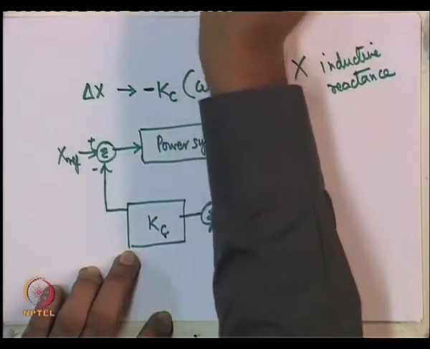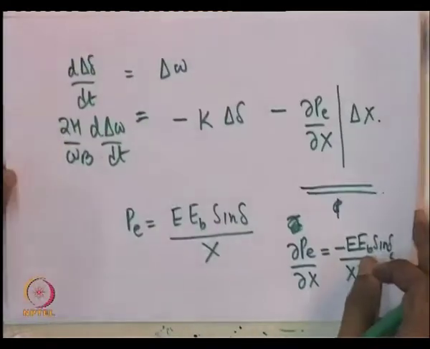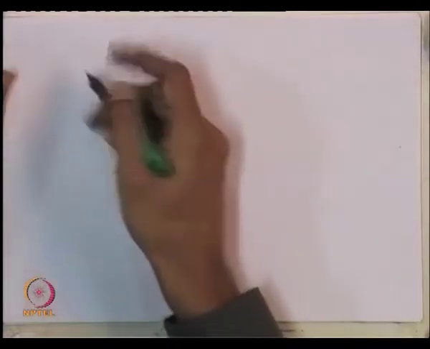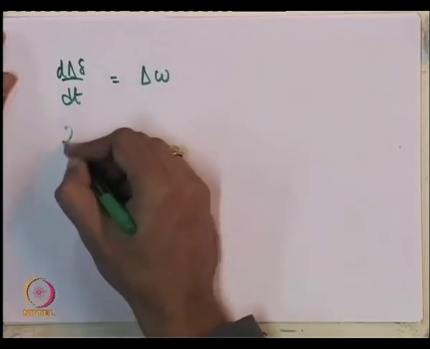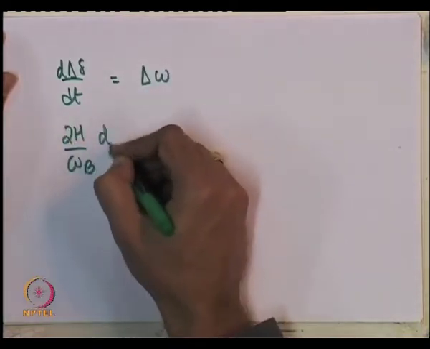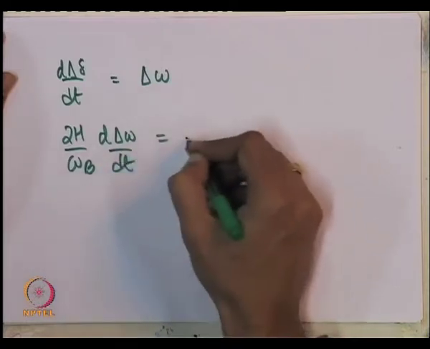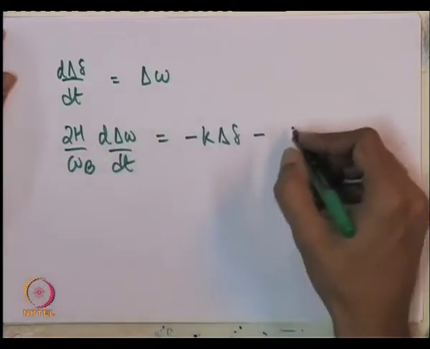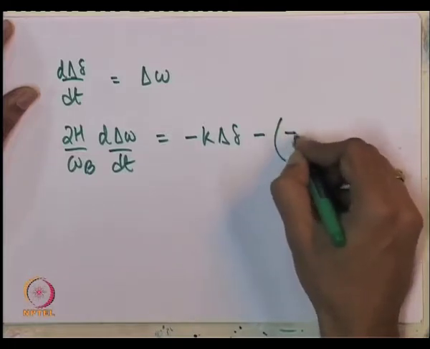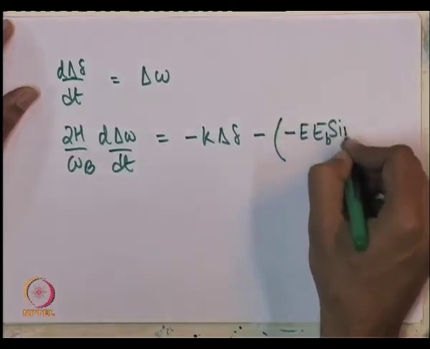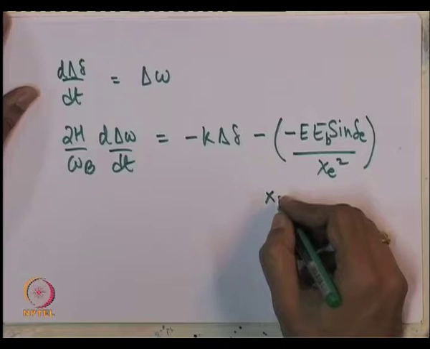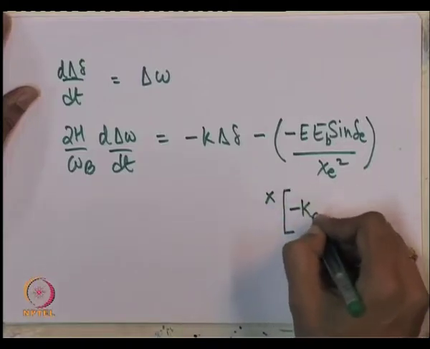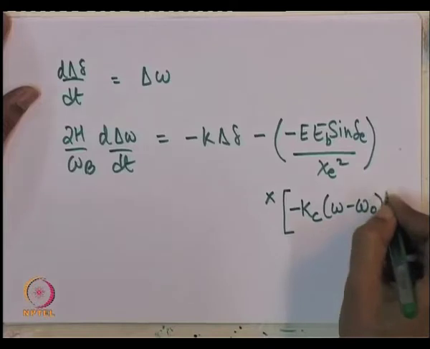If you do that, the resulting equations will be: d delta by dt is equal to delta omega, and 2H by omega_b d delta omega by dt equal to minus K delta minus E_B sin delta E by x_c squared into delta x, where delta x is minus Kc into omega minus omega naught.